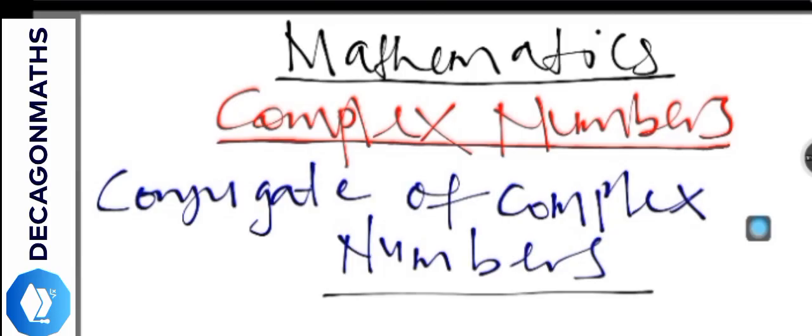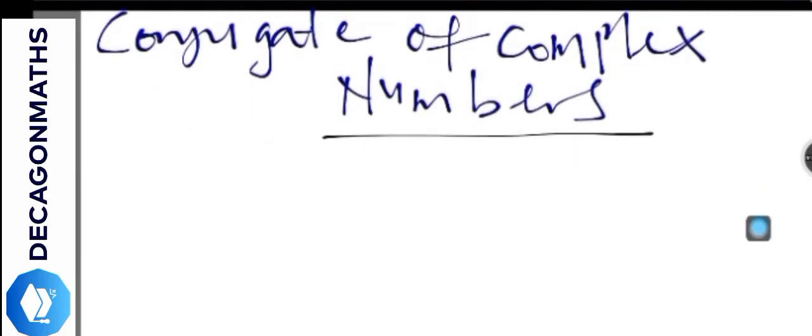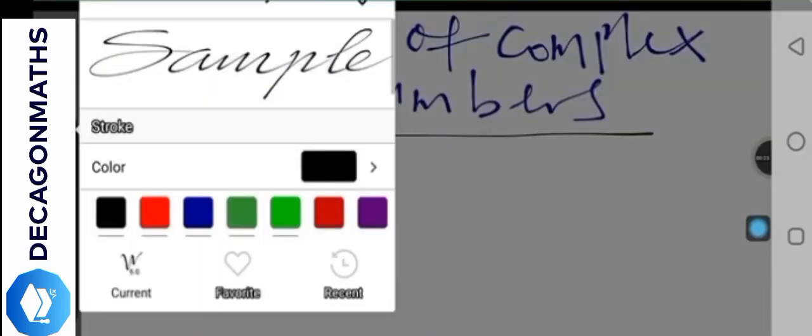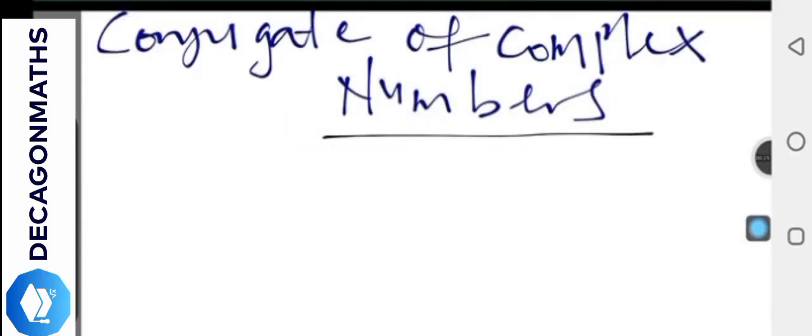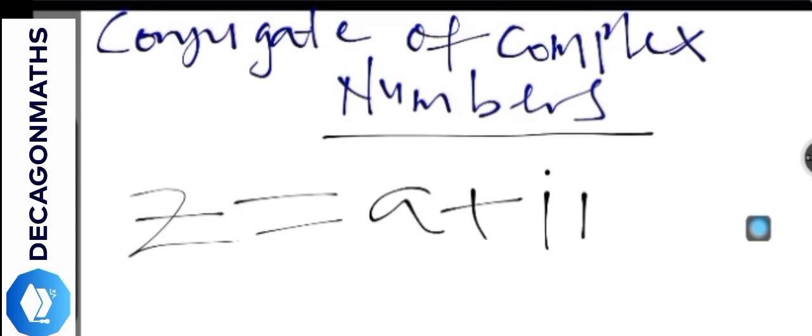Today we are diving into another aspect of complex numbers, which is conjugates of complex numbers. Before we define the conjugate of a complex number, let's quickly be reminded of what a complex number is. We know that z, being a complex number, is equal to a plus ib.